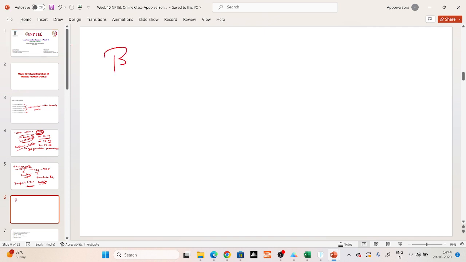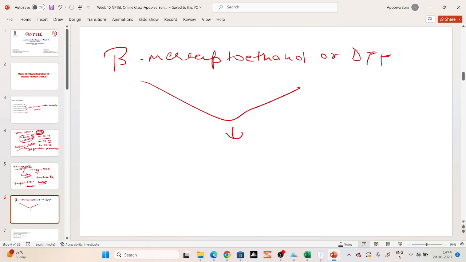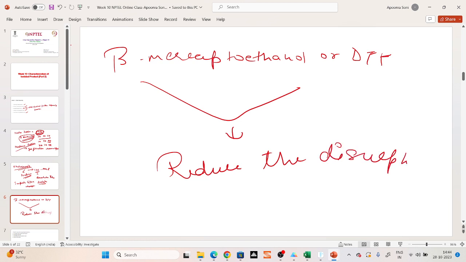Either you use beta mercaptoethanol or DTT. So what they will do is that they reduce the disulfide bonds. Fine.